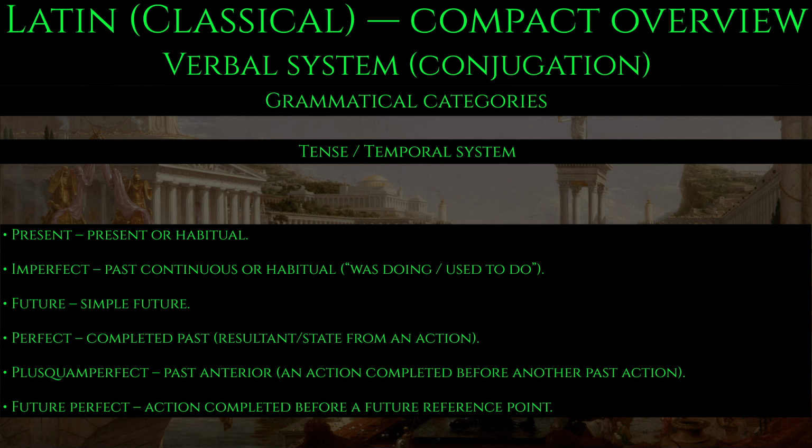And then we also have perfect, which is completed past, a result or state from an action. And then we have pluperfect. This is simply past anterior, an action completed before another past action. And then we have future perfect, an action being completed before a future reference point.